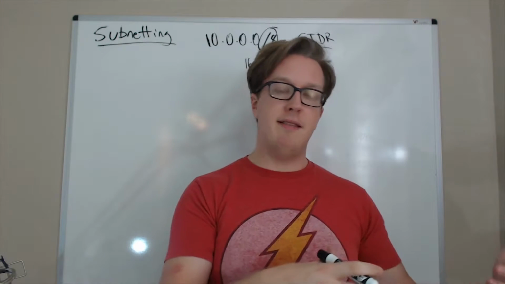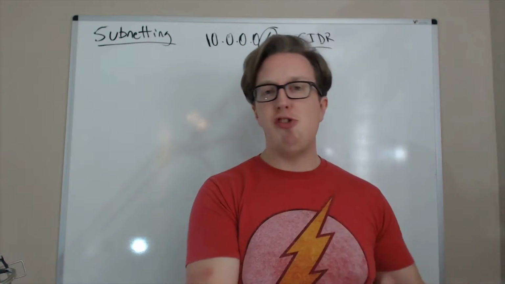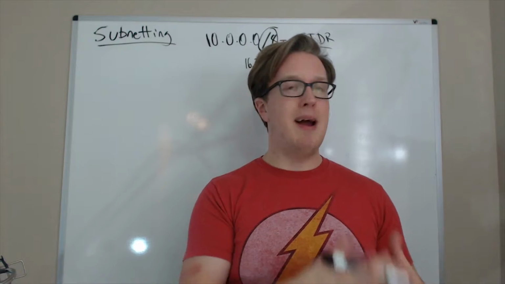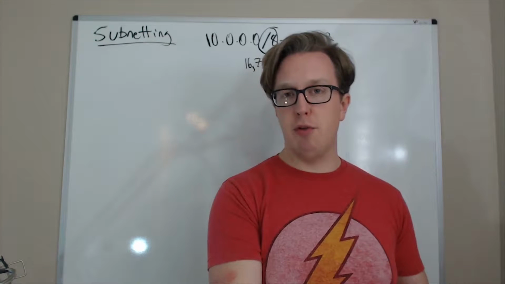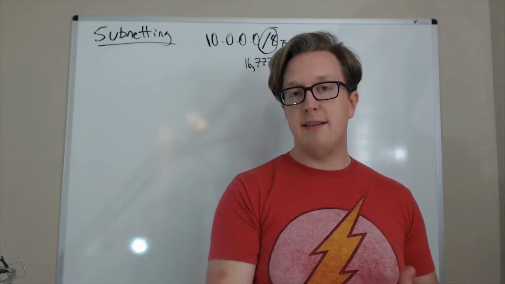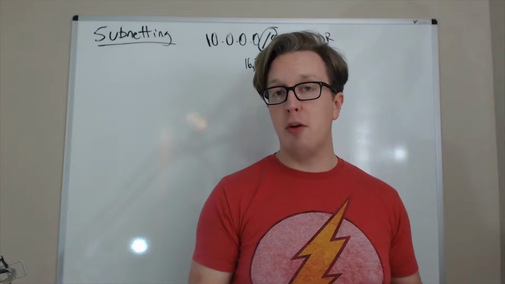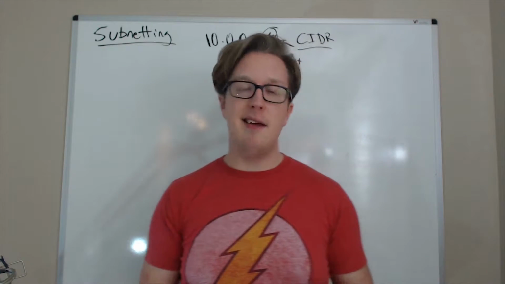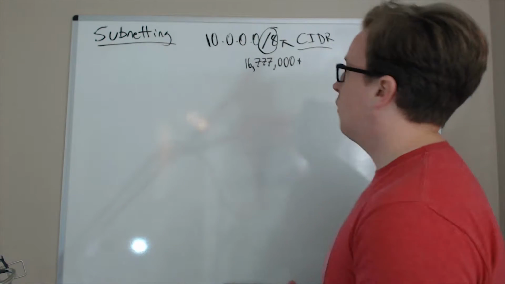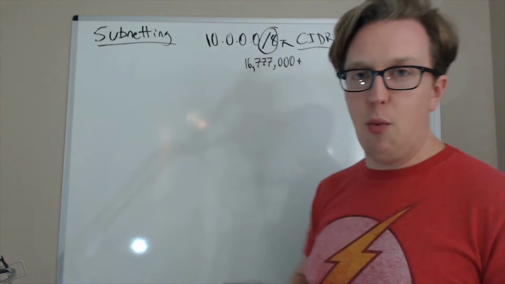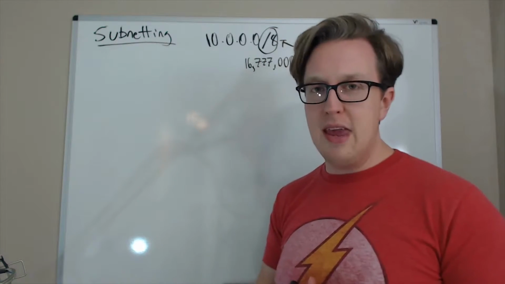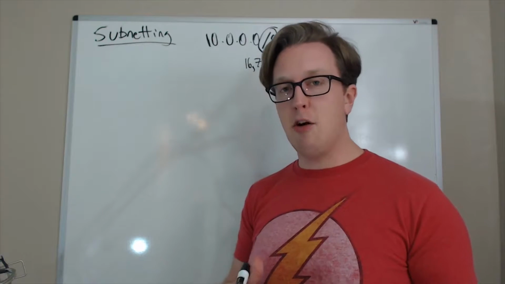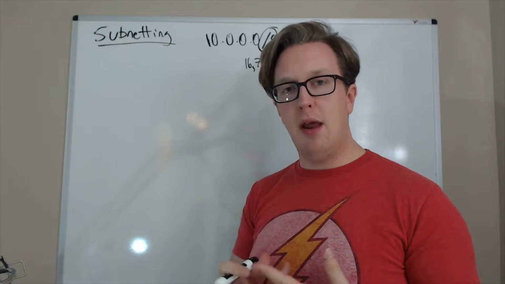But for, let's say, an HR VLAN or an HR network, you might have a little extra for growth. You might know that that department is going to be growing, and so you want to make sure that there's enough IPs in that range to expand. So this is one of the reasons that we subnet, so we can cut down the number of IPs on a specific network, leading to easier management and better security.